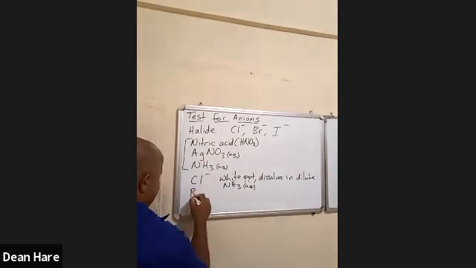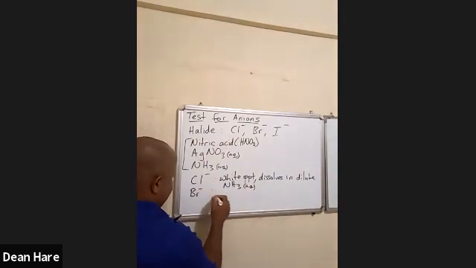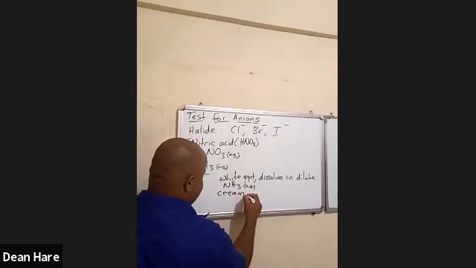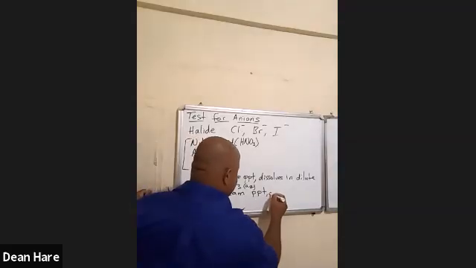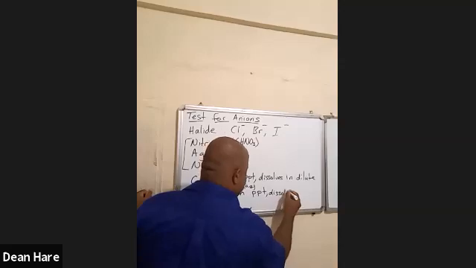For the bromide ion, you will get a cream precipitate, and it dissolves in concentrated ammonia.